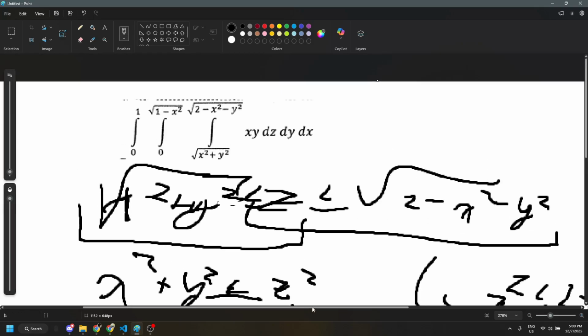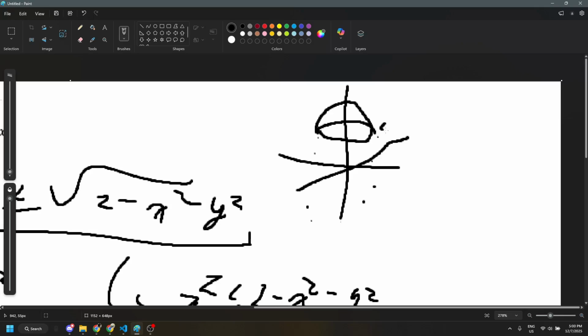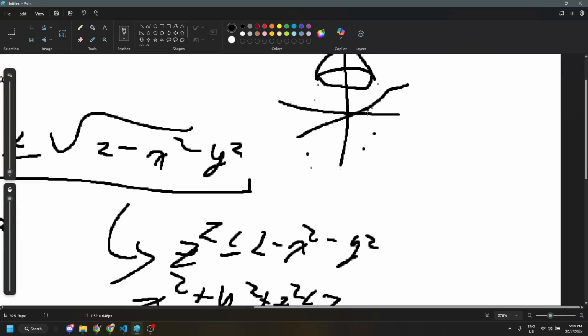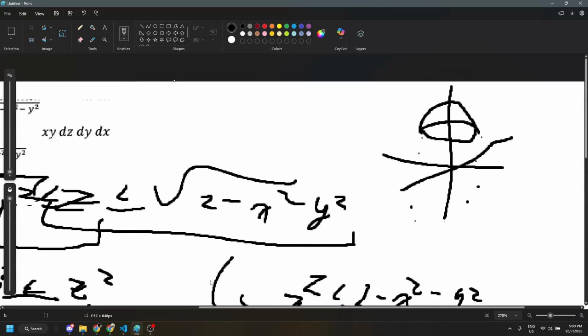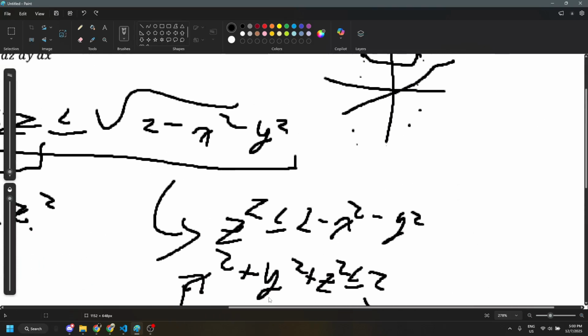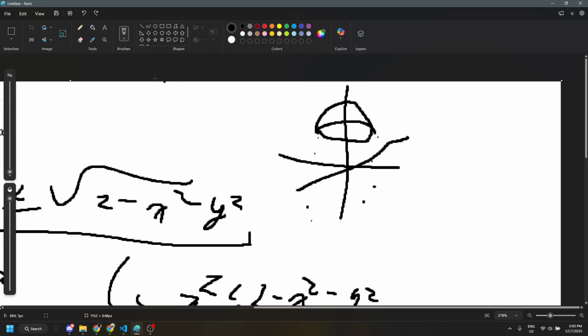Wait, what am I doing? Z is between this.